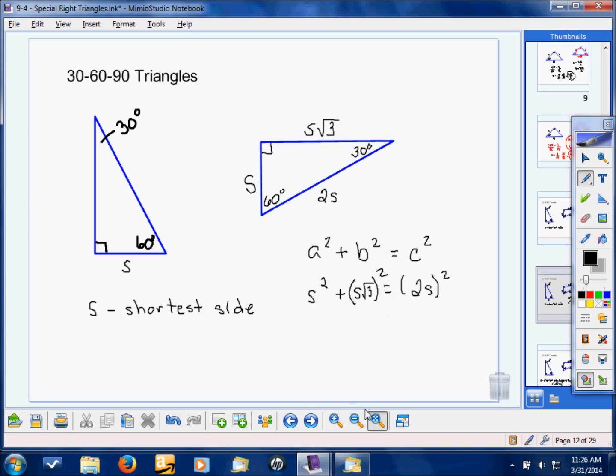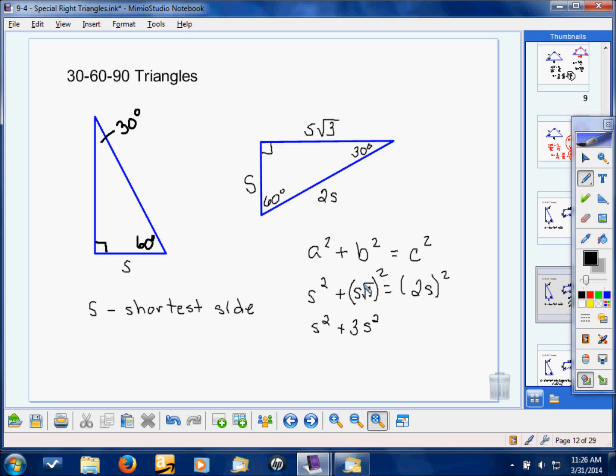Now, even though it's variables, you can still do this pretty easily. S squared, we're going to leave as s squared. How much is s square root of 3 squared? 3s squared. S times s because of the squared.